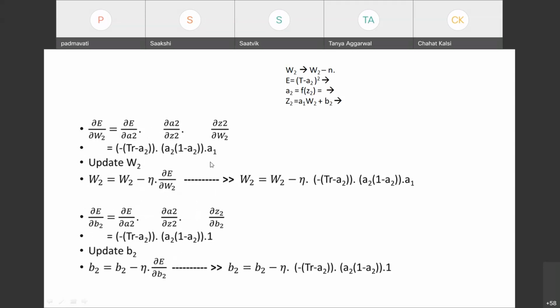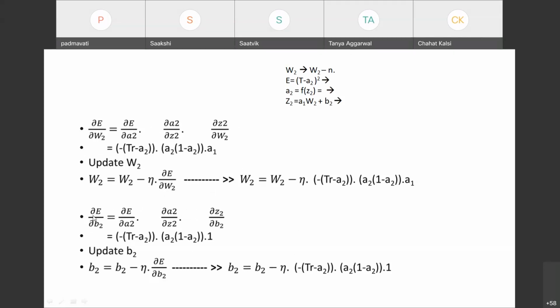So it can be computed with this particular formula now. I simply replaced the derivative of E with respect to w2 with this. Because I have all the variable values, I can compute the updated value of w2.